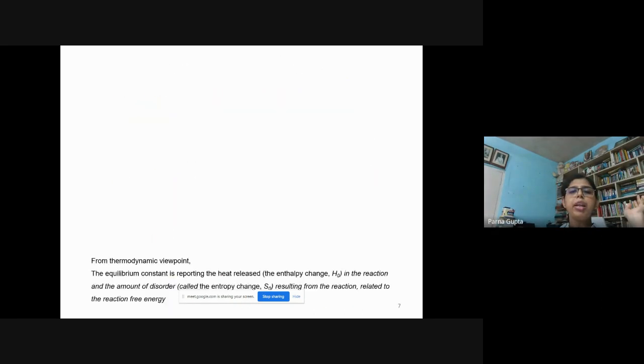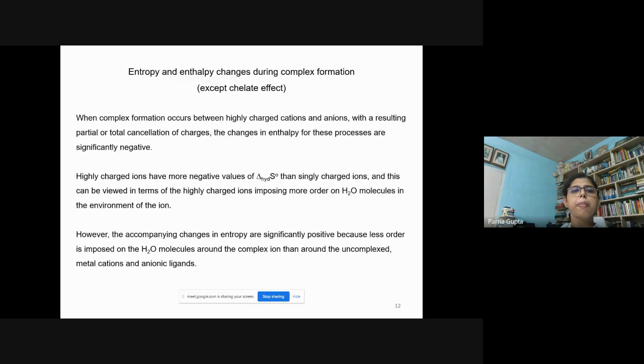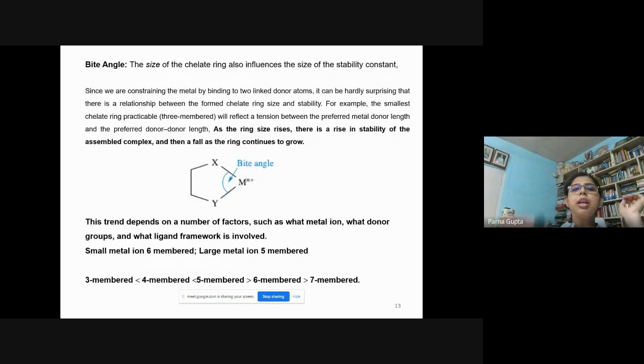Now what is a bite angle? Here you see, this is the bite angle. I have written all these things, you just read them when I share it. This bite angle is related to the strain of the system.